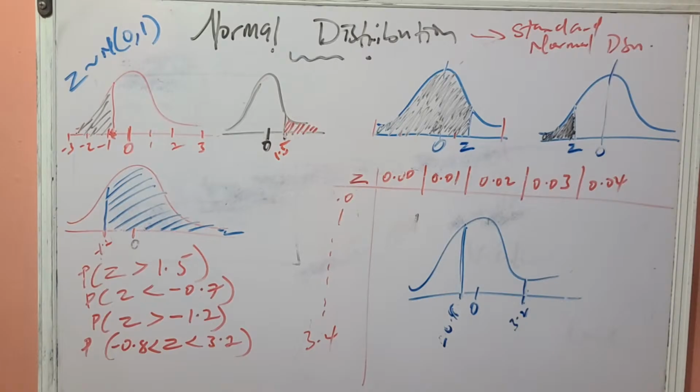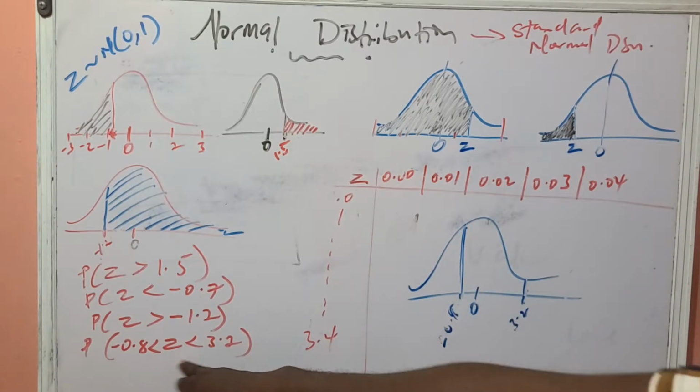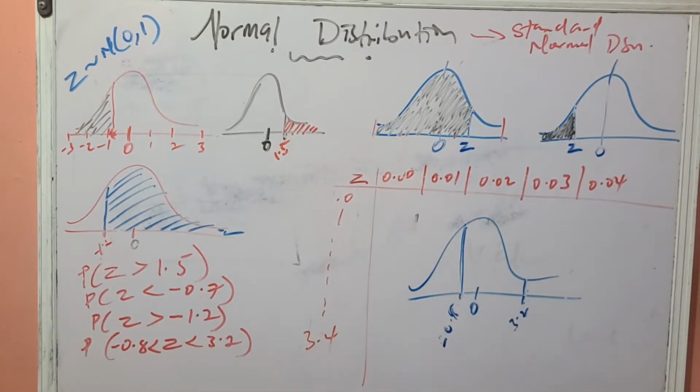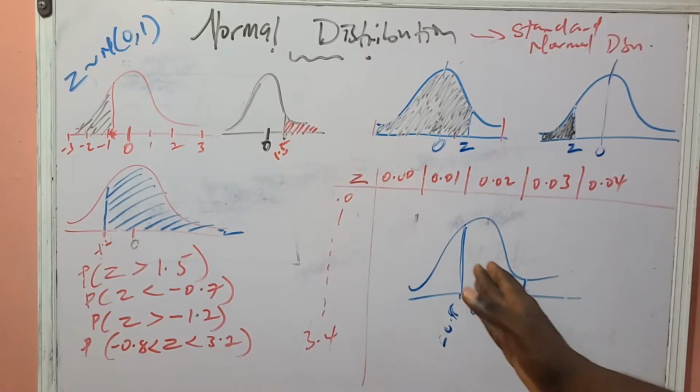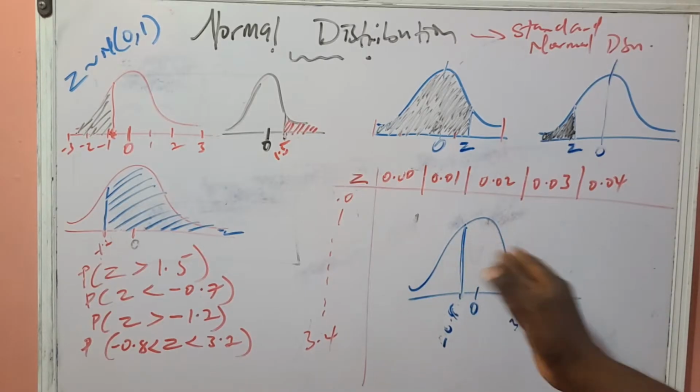So you now want to identify where you are shading. Look, we said Z is between minus 0.8 and 3.2. Look at the question. I'm sure you understand how to read inequalities. Minus 0.8 is less than Z. It means Z is greater than minus 0.8. You would have shaded everywhere to the right of here.